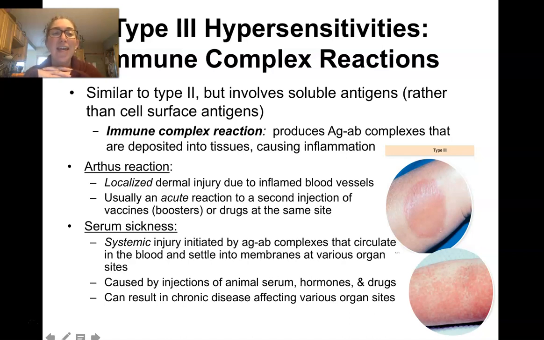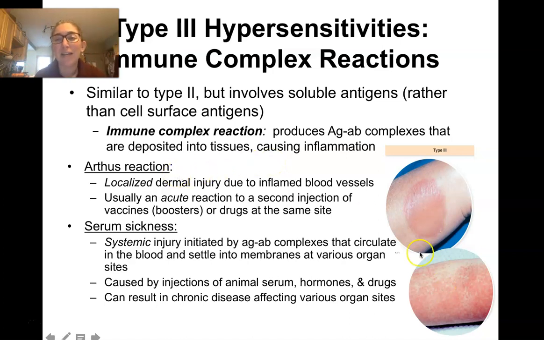In other words, it happens when you have an injection of a large amount of antigen and then a whole bunch of antibody comes in and forms big globs of antibodies and antigen. AG stands for antigen, AB for antibody. These big antigen-antibody complexes are heavy and sink and deposit into the tissue, causing a source of inflammation.